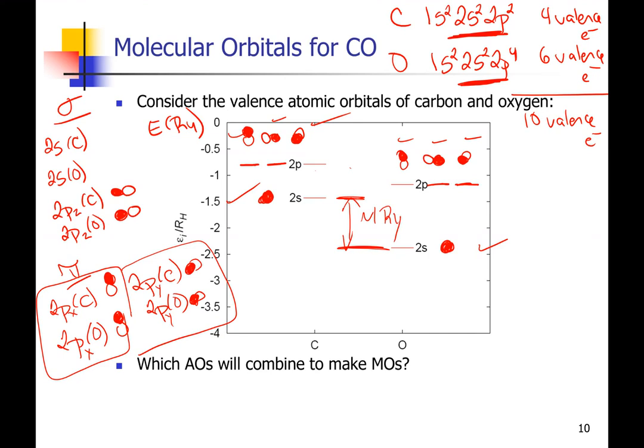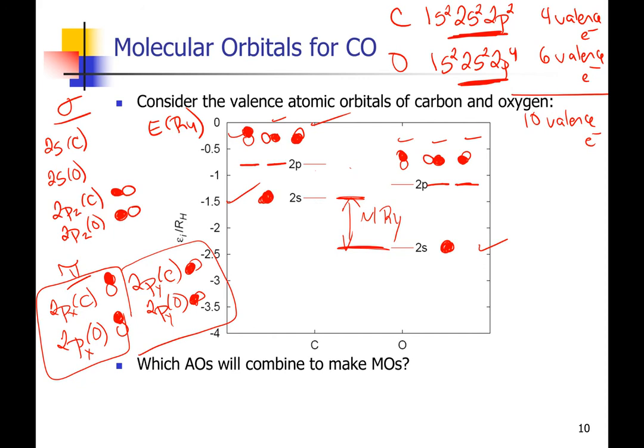But that means we're right on that cutoff. So it's probably reasonable to combine them. And I'm going to go ahead and do that just so you can see what happens in cases where you have more than 2 atomic orbitals that you want to combine to make molecular orbitals. But you're right on the border. And we'll see in the computer-generated diagram that the computer says, yeah, we're really on the border. There's very little mixing. But anyway, either way, you get a very similar answer.